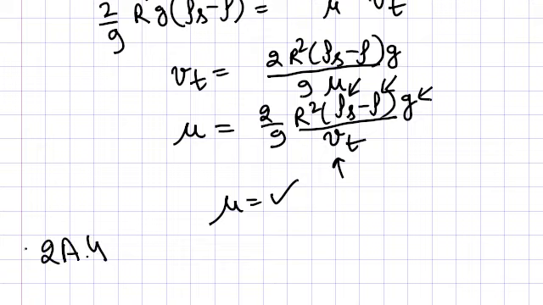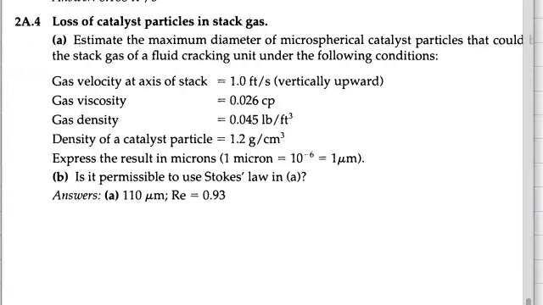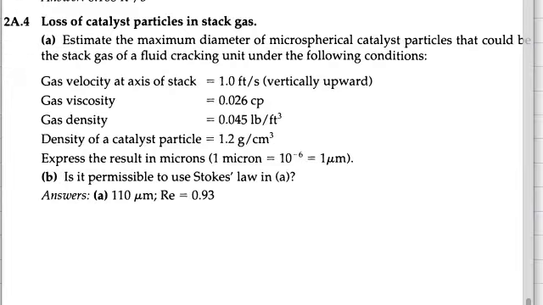So after this problem, I will take the problem from your book, that is 2.4. This is the question in the problem section of your book, problem 2.4, loss of catalyst particles in stack gas. Estimate the maximum diameter of microspherical catalyst particles that could be lost in the stack gas of a fluid cracking unit under the following conditions.